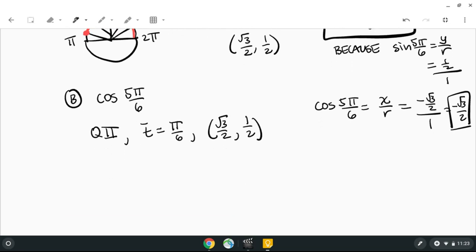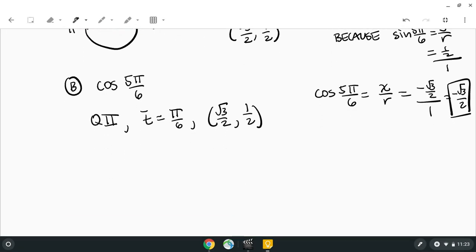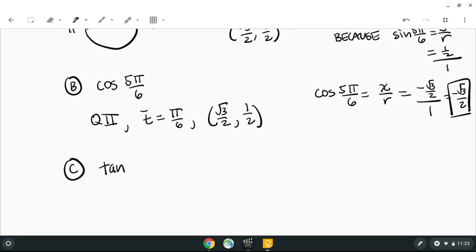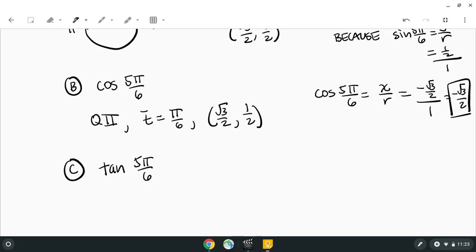Kind of a lot to think about, or keep track of. All right, so let's do tangent of 5 pi over 6. We've already done a lot of the work. We know it's in quadrant 2.